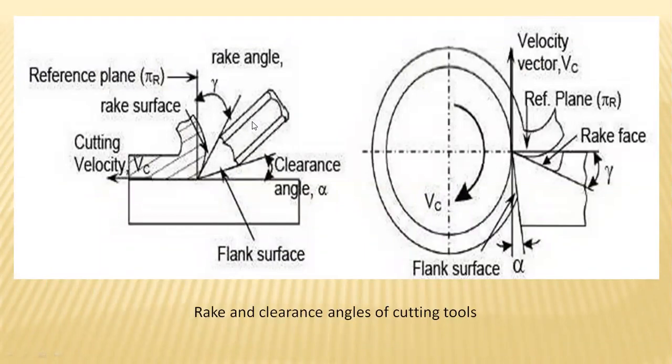With respect to the tool, which will be having the point of contact at the tip of the tool to remove the material or the surface of the work part. That is the rake angle denoted with respect to gamma.